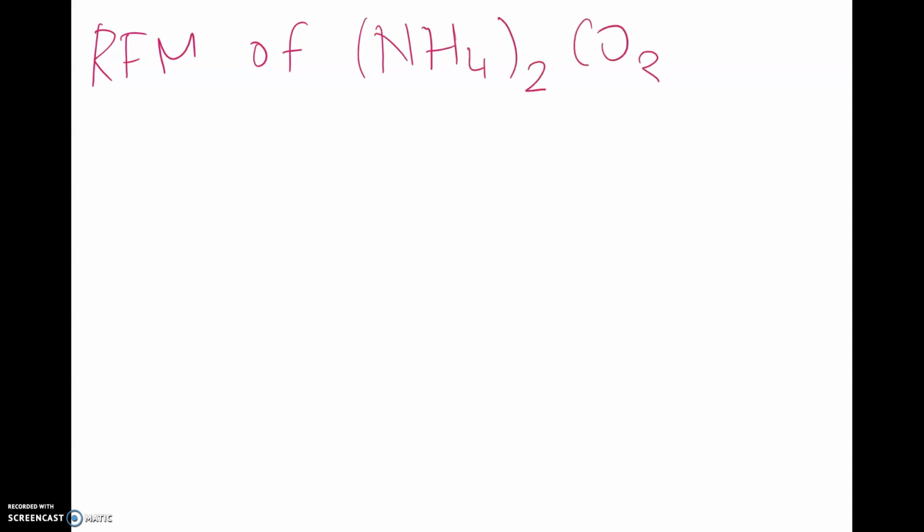Let me show you a slightly complicated example. This time we're going to do the relative formula mass of NH4 CO3. N is 14, H is 1, C is 12, O is 16. This time the 2 is sitting outside the bracket, so we need to multiply the whole bracket by 2.